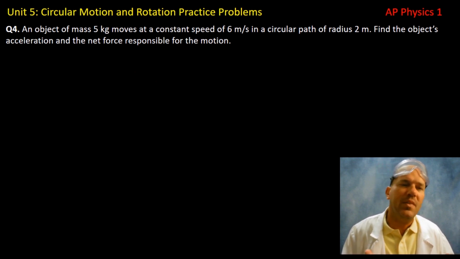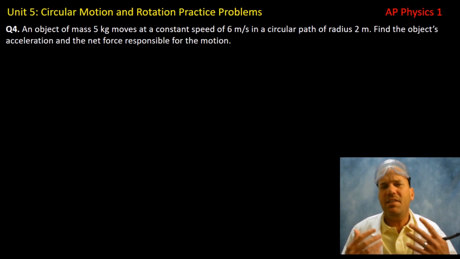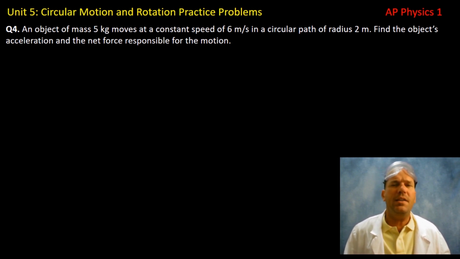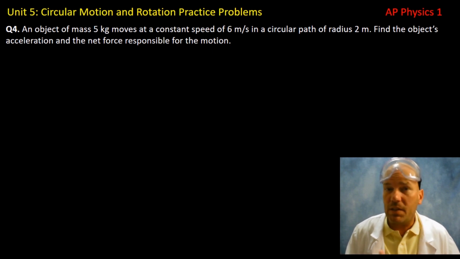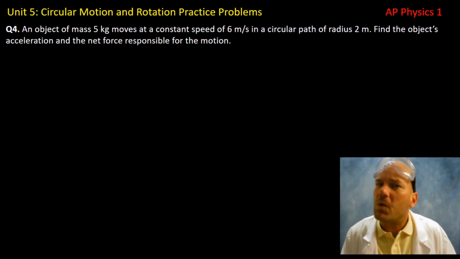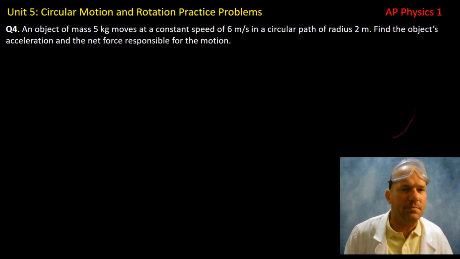In question 4, an object of mass 5 kilograms is moving at a constant speed of 6 meters per second in a circular path of radius 2 meters. Find the object's acceleration and the net force responsible for this motion.